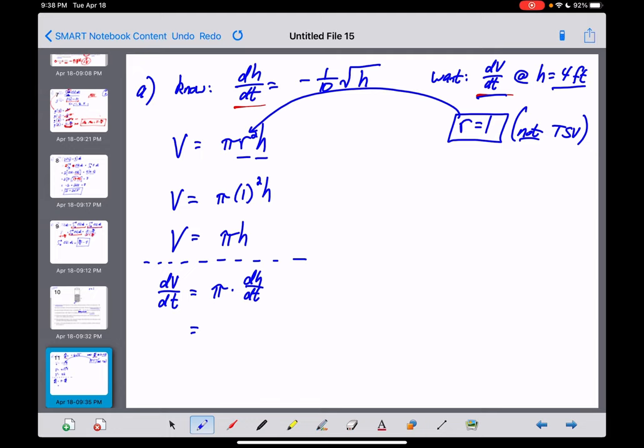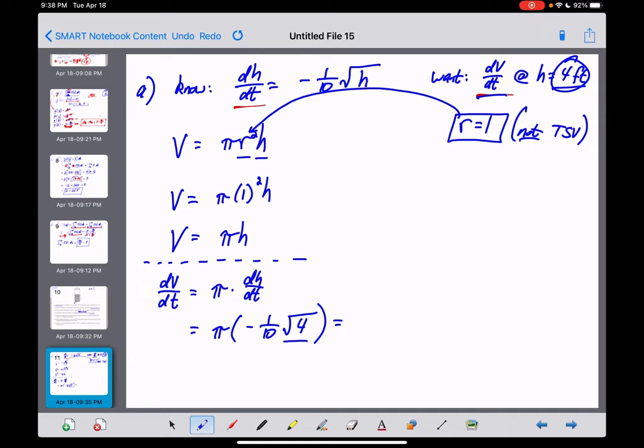So our derivative of volume with respect to time is pi times dh/dt, which is negative 1/10 times the square root of h. I'm sorry, guys, it's when h is equal to 4 feet. So we put the 4 in there. Okay, so what does that do for us?